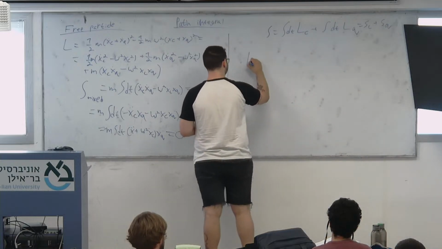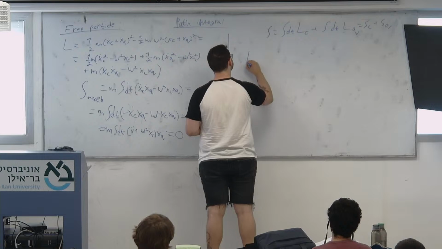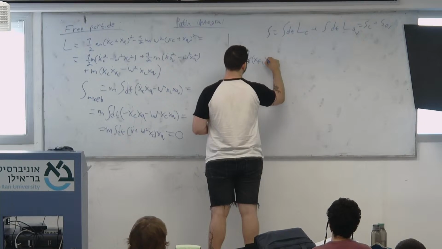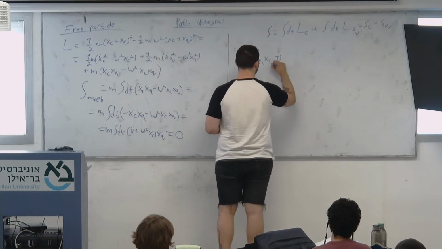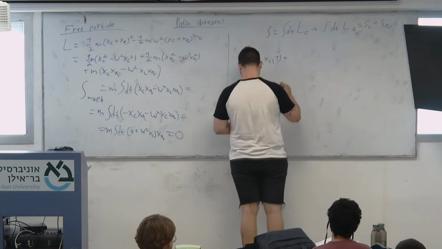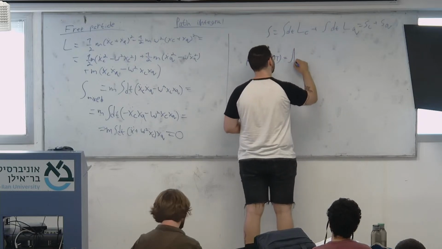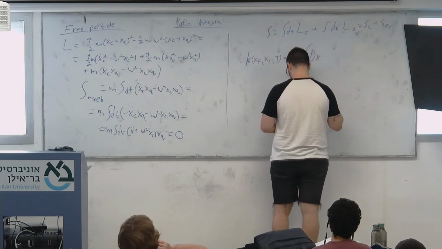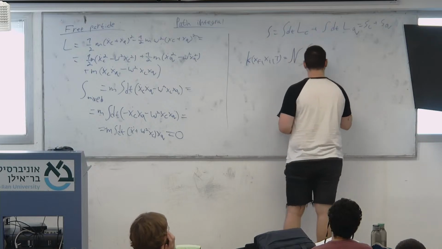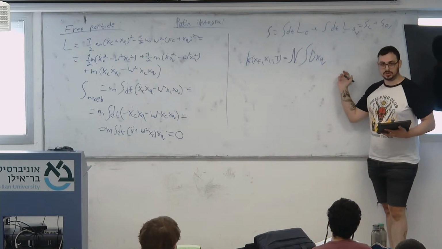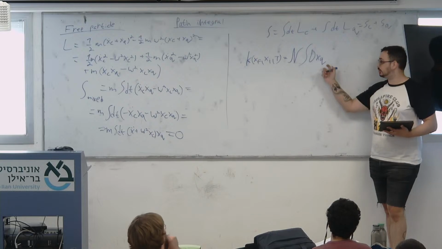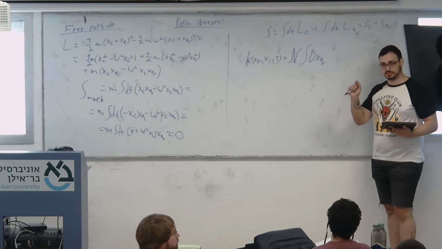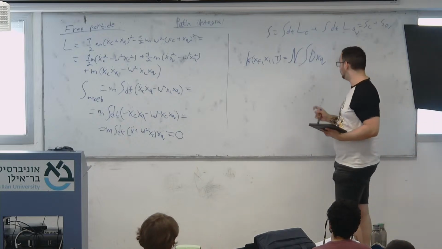And now K from x_i to x_f in time T is equal to the integral D x_Q. Remember, I'm putting here that I integrated over the quantum x's, because again the classical x's are very well defined, in one spot in each time, so there's no integration.